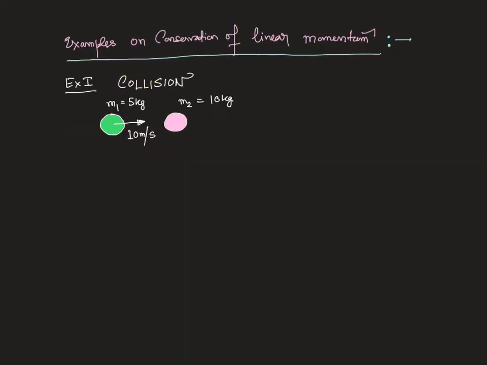So we'll show some simple examples of conservation of linear momentum. The first example is that of a collision between two particles or two balls.